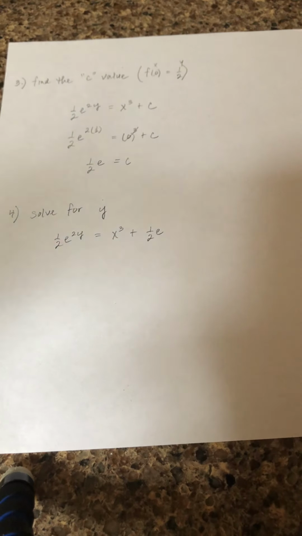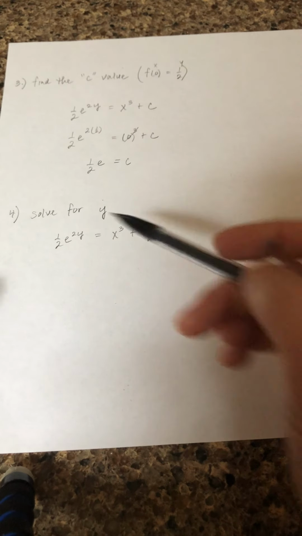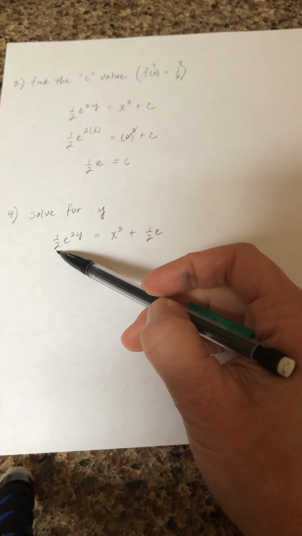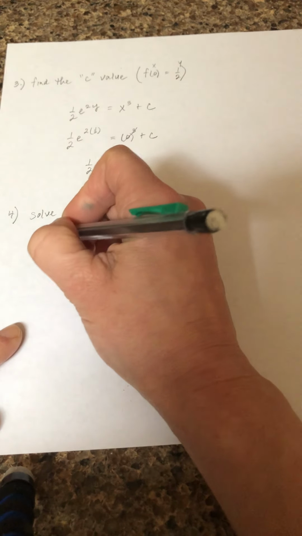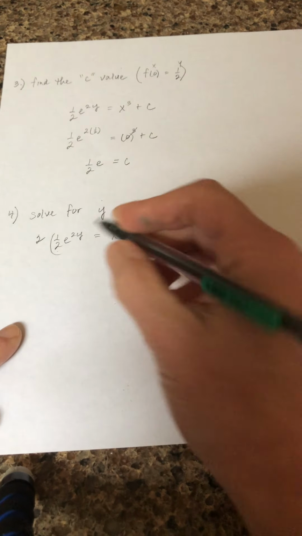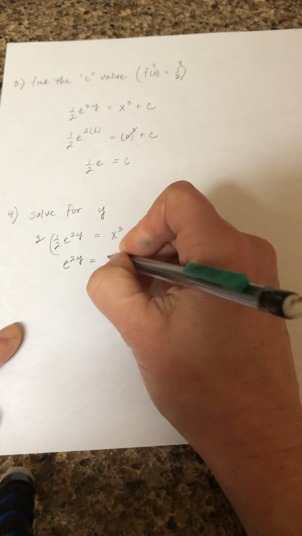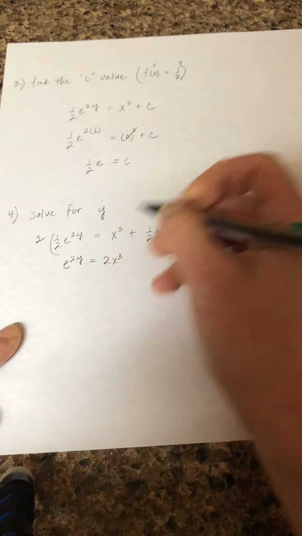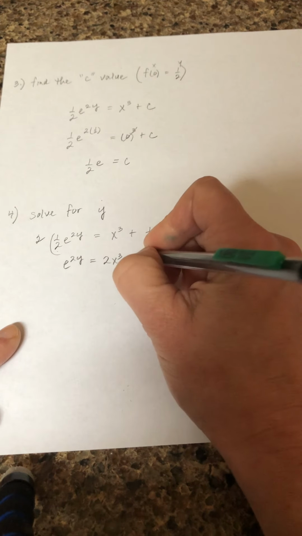We should start thinking logarithms eventually. We really have one more step to do before we introduce logarithms here. We do not want a coefficient other than a 1 here. So I'm going to multiply everything by 2. So that's going to give me e to the 2y equals 2x cubed, and 2 times 1/2 e is just e.